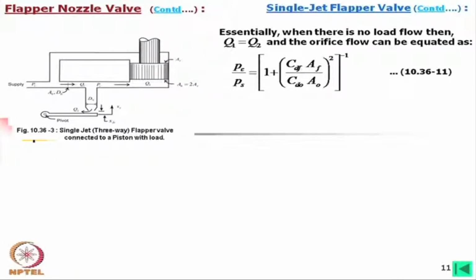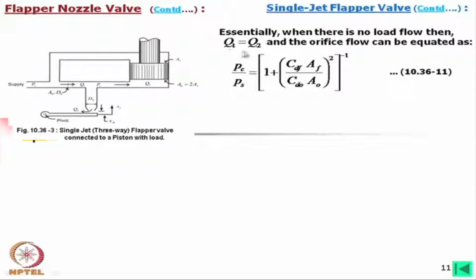Essentially, when there is no load flow, then Q1 is equal to Q2. In other words, if this is not moving, that means we want that it should not move, but still this is open, then the whole oil coming in should go out.